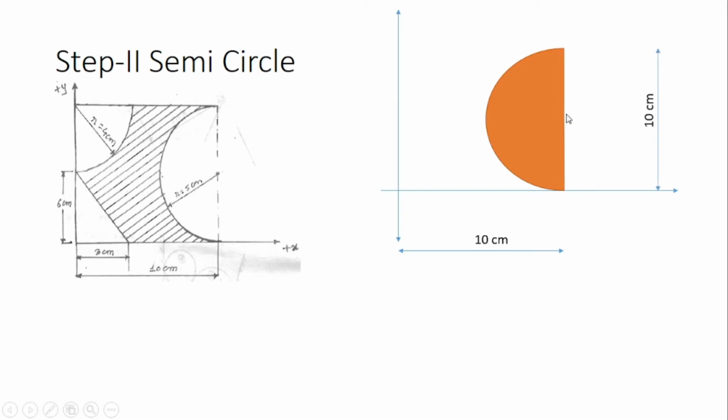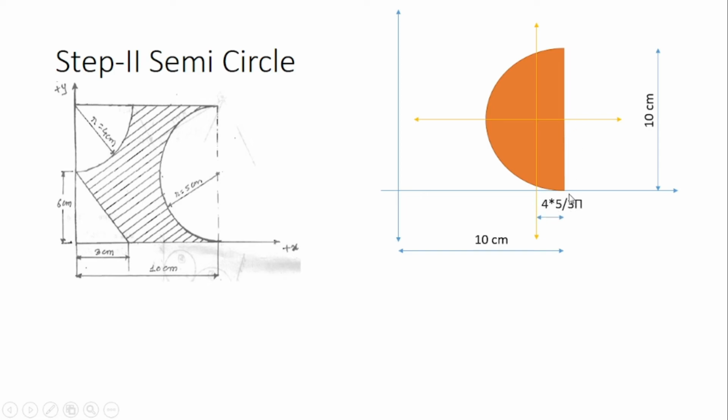So 5 centimeter plus 5 centimeter, total diameter is equal to 10 centimeter. Now we'll identify the centroidal point for the semicircle. As we can see, this semicircle is symmetric about this horizontal axis. So by default we will get the centroidal point passing through the center of the semicircle, and this is the vertical centroidal axis. So it is at a distance of 4r by 3 pi. So first we'll find out this.